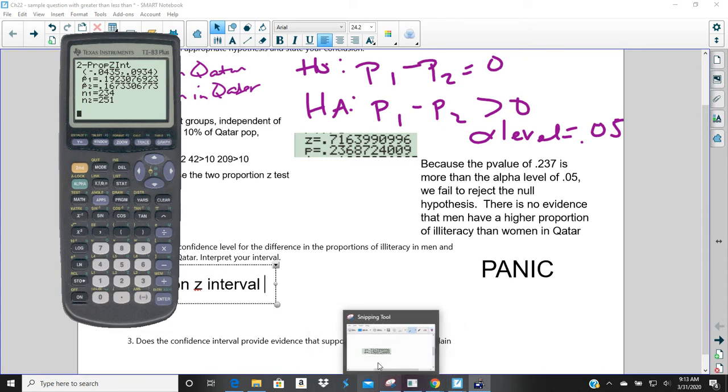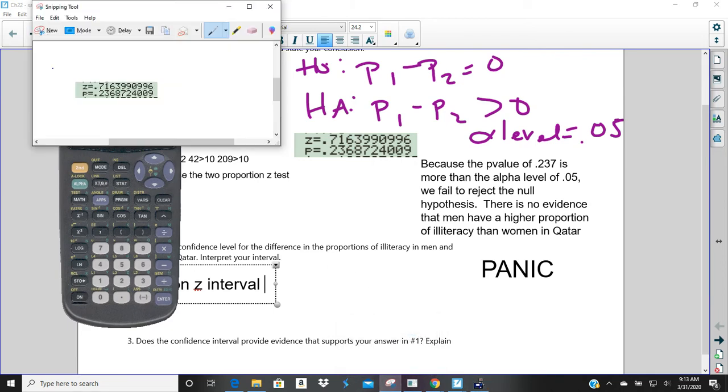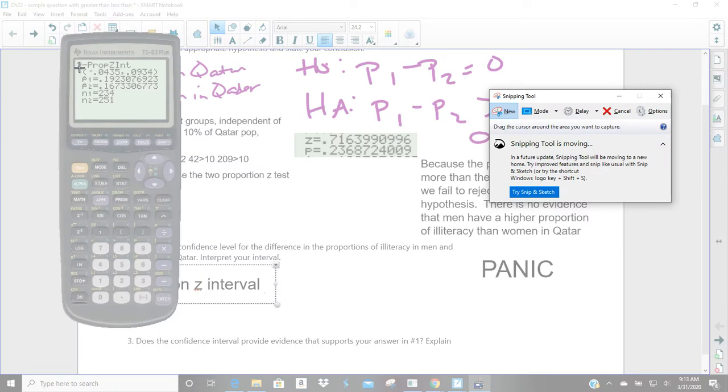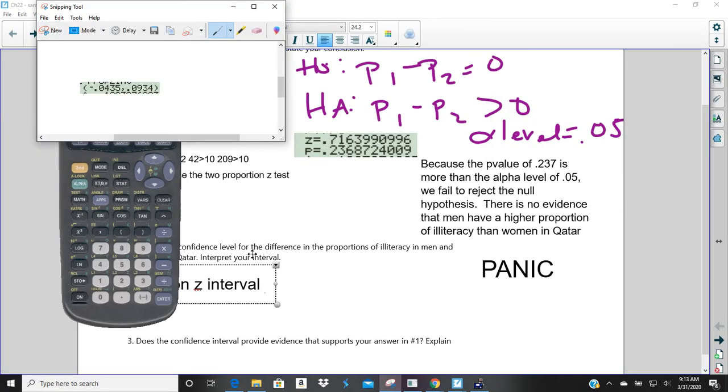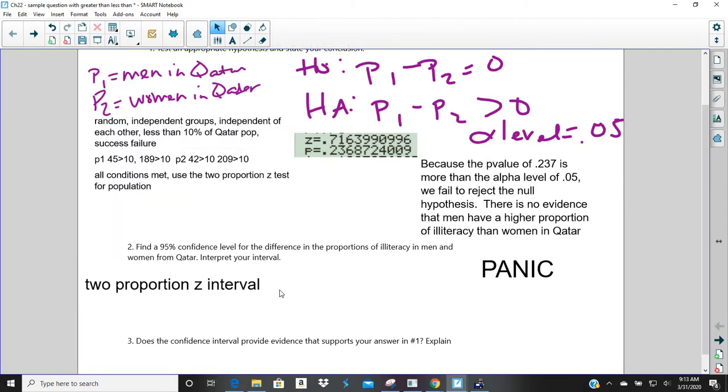Now, negatives are okay because what the negative in this case is saying is that it could also go the opposite way, that the difference could actually be negative, that more women are illiterate in this country than men.